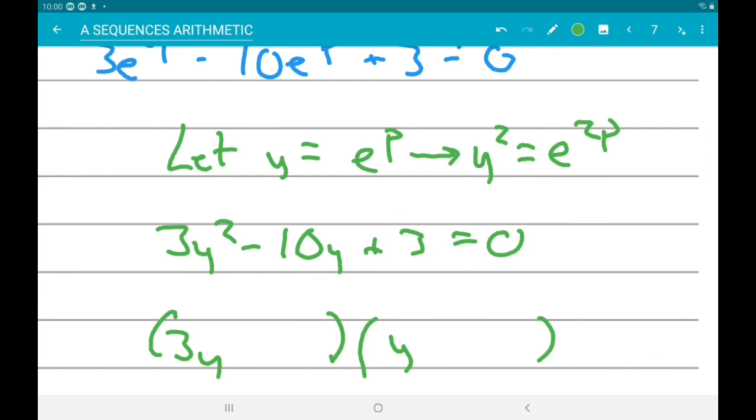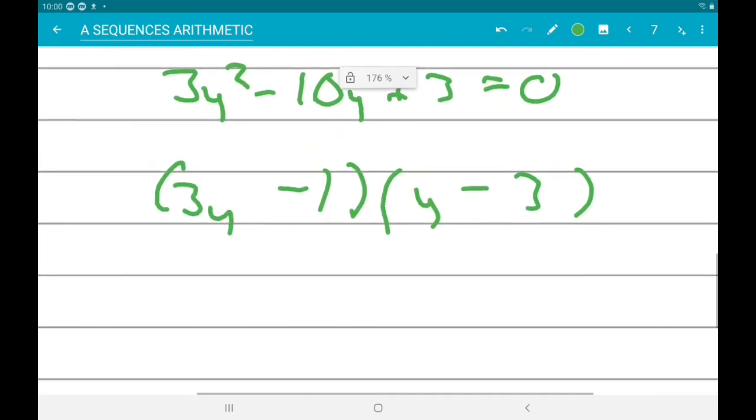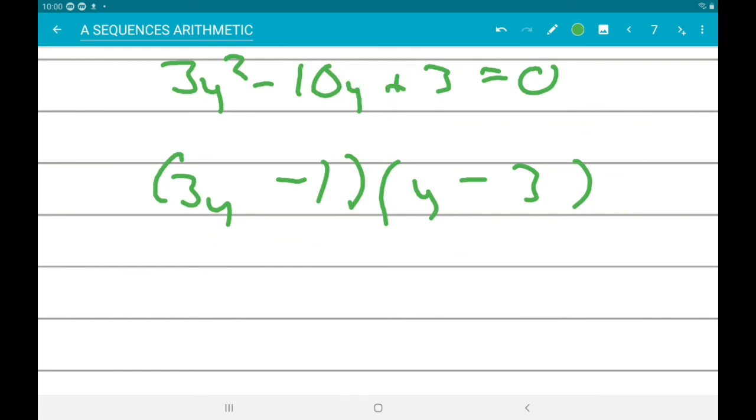Now, the numbers that are going to do it is a minus 3 in there, so that's going to get us minus 9y, and then a minus 1 in there, so that tells us y is 1/3, or y is 3.